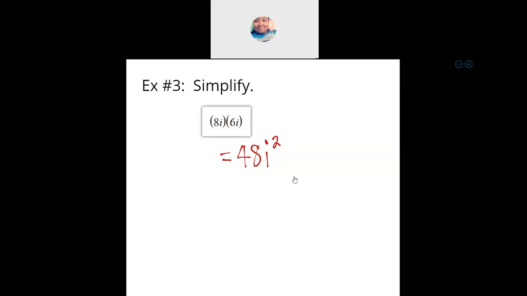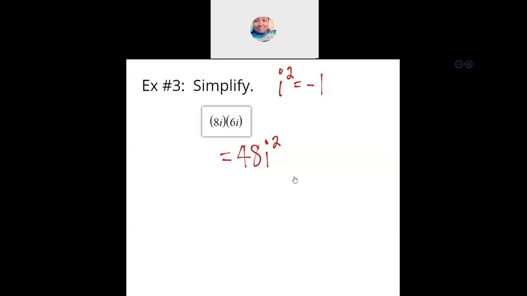The thing is, I can't keep it like this. If you try to type this into Mathspace for school, it may tell you you're correct, but you're not, because it's kind of the equivalent of the correct answer. You always have to simplify. So instead of writing i squared, I replace it with what it's equal to, which we know is negative 1.